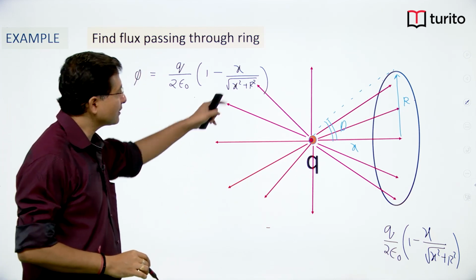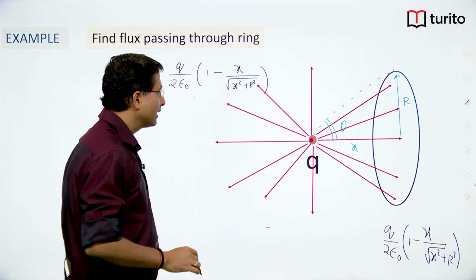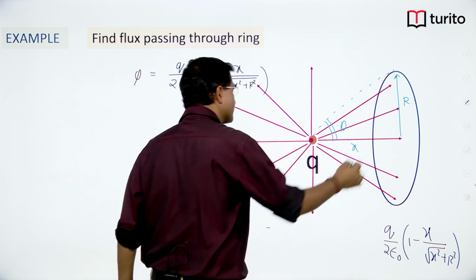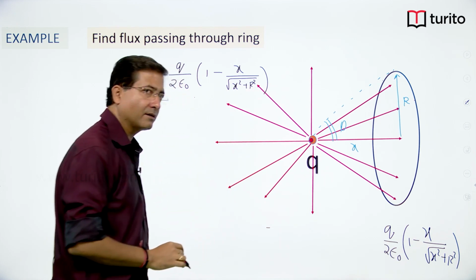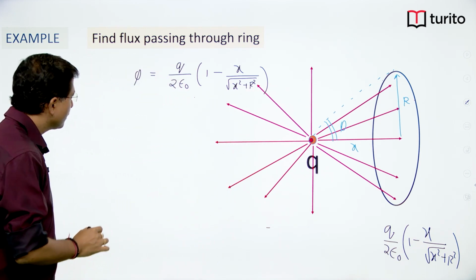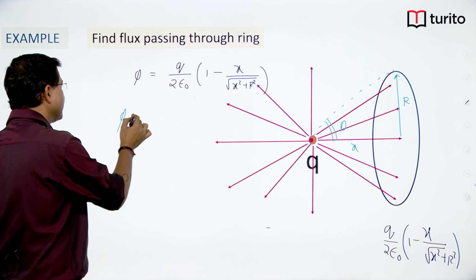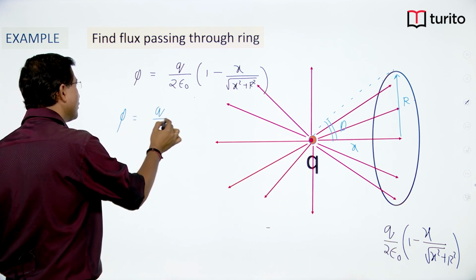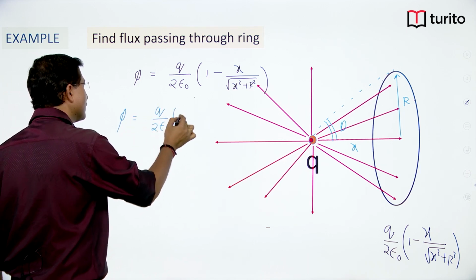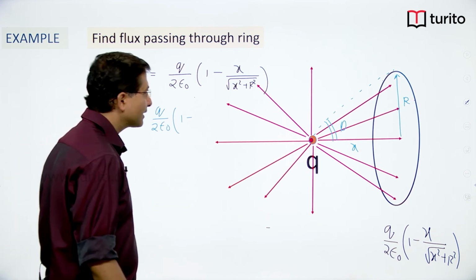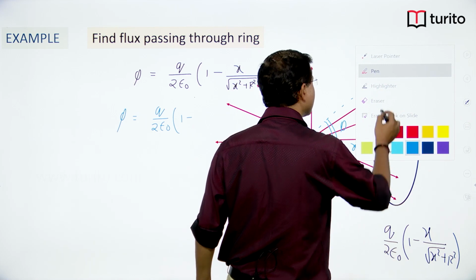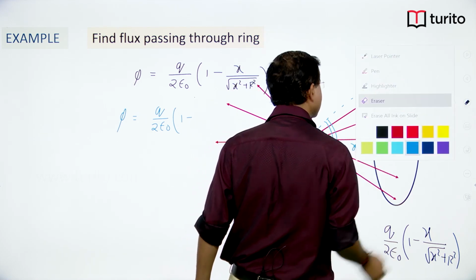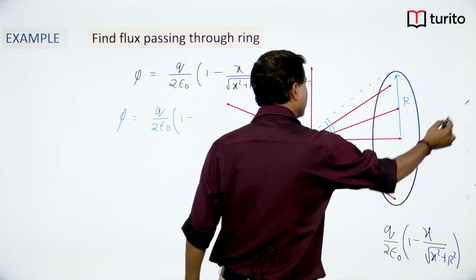Look at this expression: x is the base and the hypotenuse is under root x square plus r square. So, I can write flux is equal to q upon 2 epsilon naught, 1 minus... do not get confused with this phi and that phi, better consider this as theta.